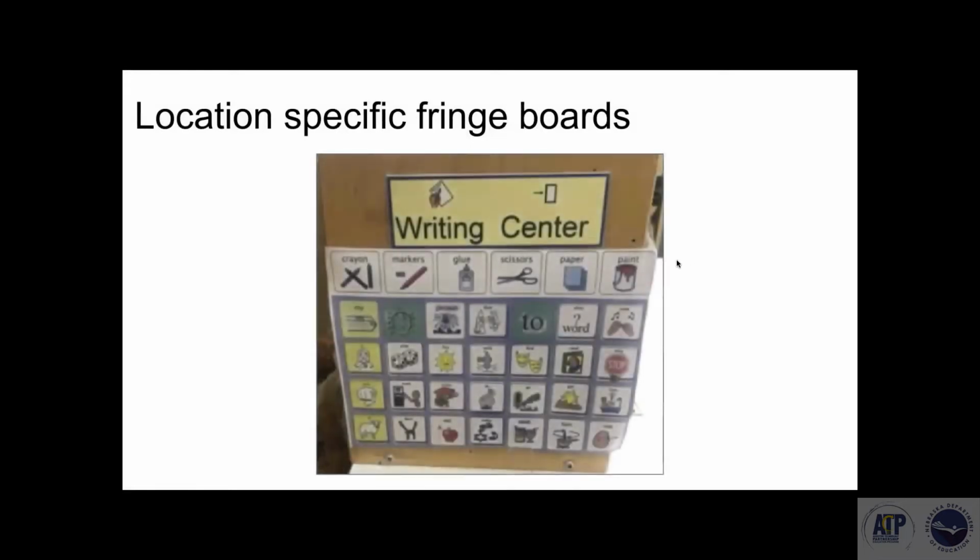We have location-specific fringe boards. So in different places of the room, the fringe vocabulary will represent, for example, here, the writing center, or we have location-specific fringe boards that go all throughout our schools and even in our students' homes, just to help them expand that language with fringe vocabulary as well.